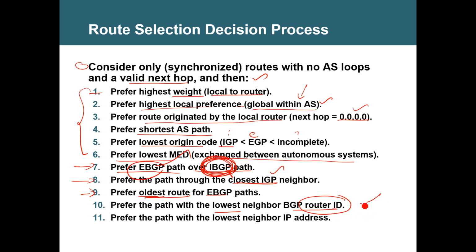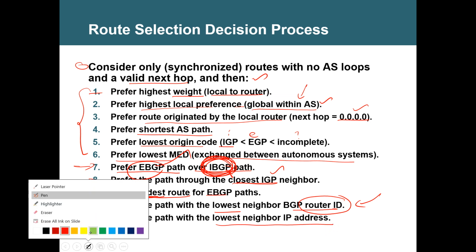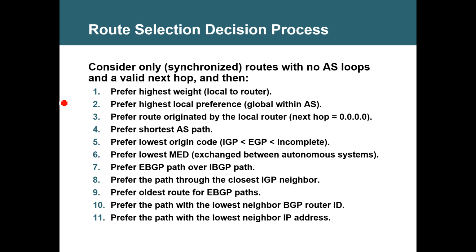What if, just for argument, by mistake the router IDs of eBGP are the same? Then the lowest neighbor IP address. And now definitely there will be only one path if it goes through this iteration. Right? When a match is found, like an access list, it won't go further. It will stop there.